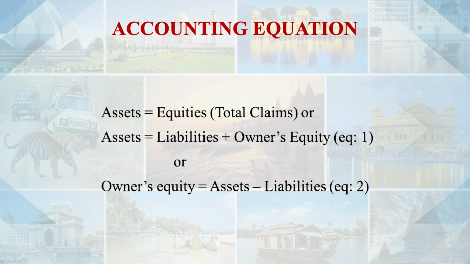Anything which belongs to the owner is owner's equity. Can we write it in another way? Owner's equity is assets minus liabilities. So if we know two of these values, we can easily find out the third value. This is a very easy representation of our accounting equation.